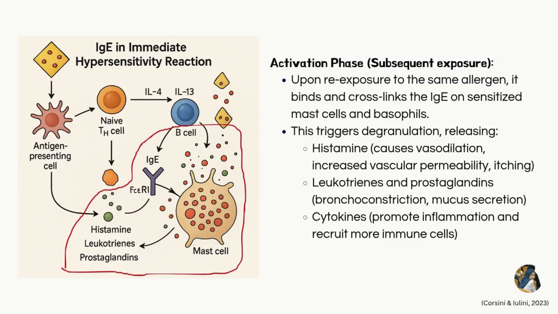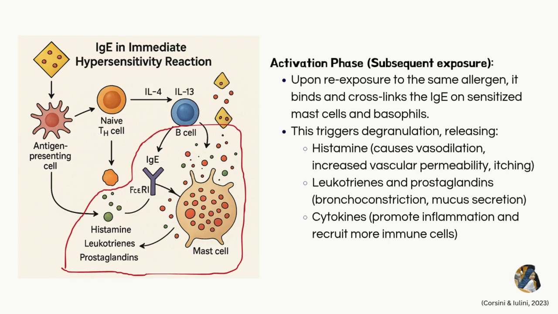It binds to the IgE antibodies that are already attached to the Fc epsilon R1 receptor on mast cells. This binding causes the IgE to cross-link, which means that the allergen connects two or more IgE molecules together on the mast cell surface. This cross-linking is the trigger that causes the mast cell to become activated.